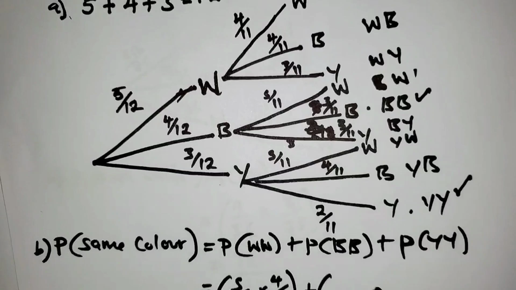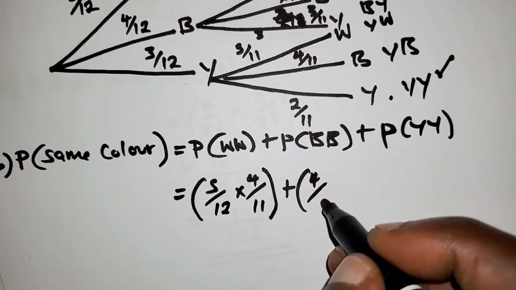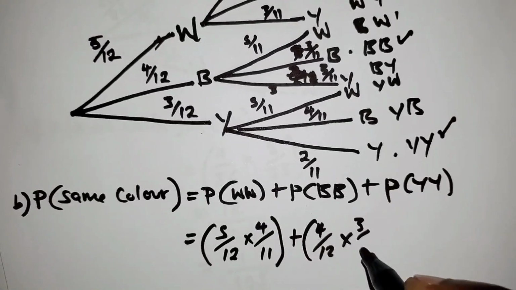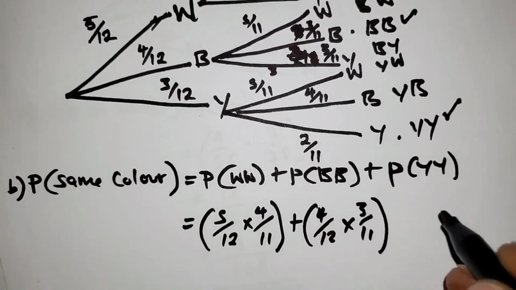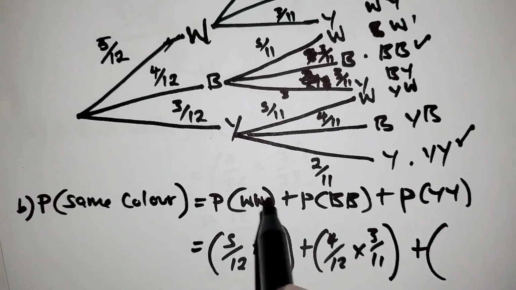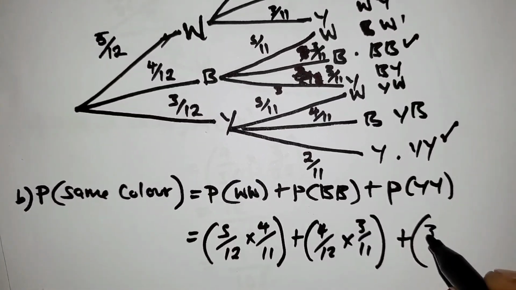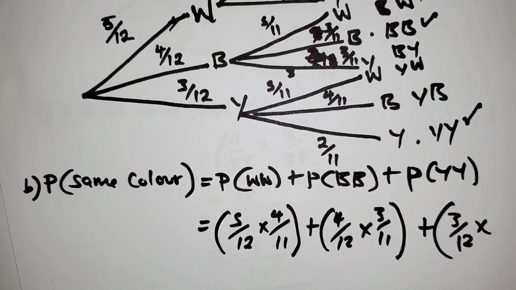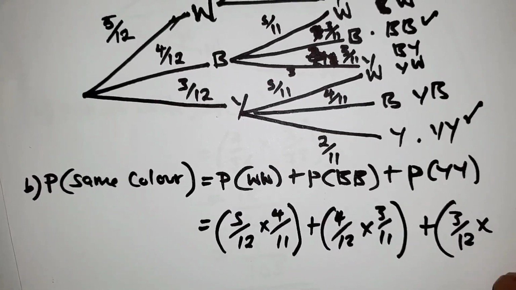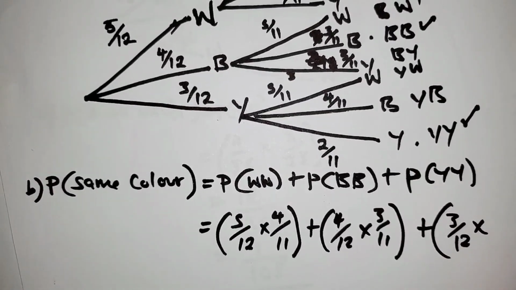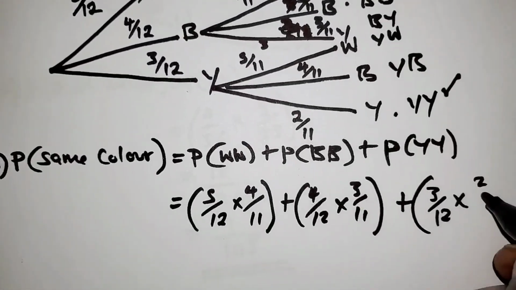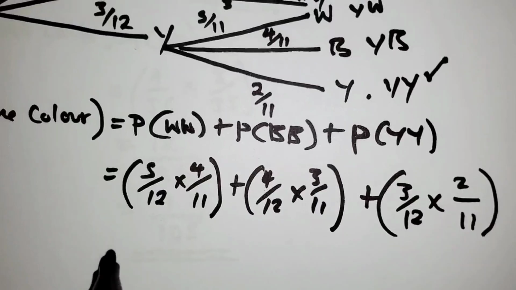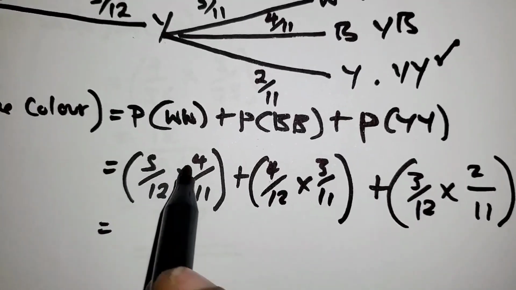We're going to get 4 over 12 multiplied by 3 over 11, plus yellow. The first one is 3 over 12 multiplied by 2 over 11.